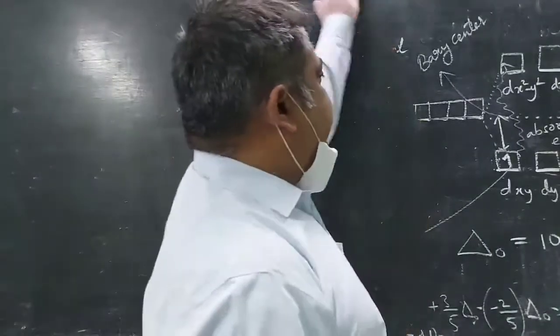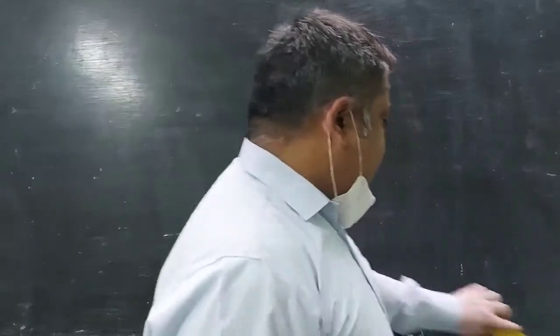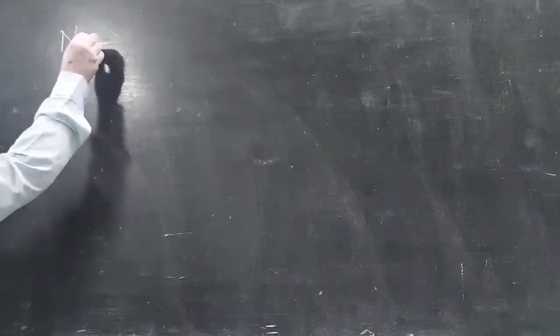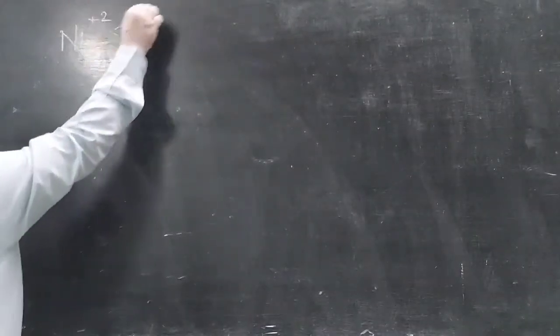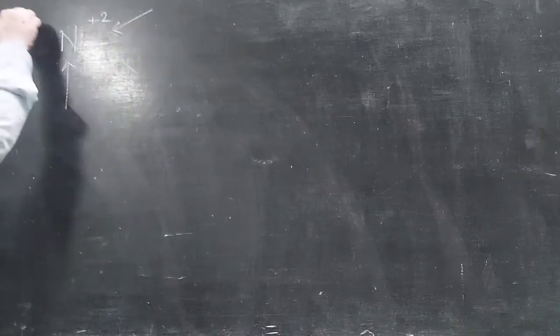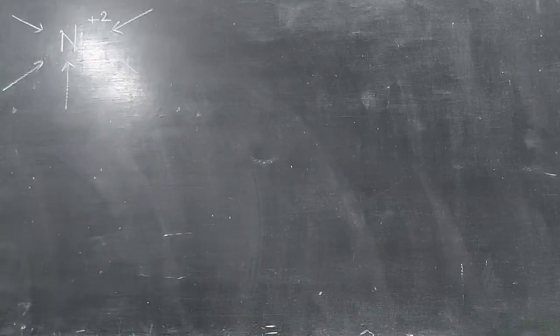Let us take one specific example of the hexa-aqua nickel 2 plus ion. Octahedrally, water molecules come. Okay, this part is not visible.